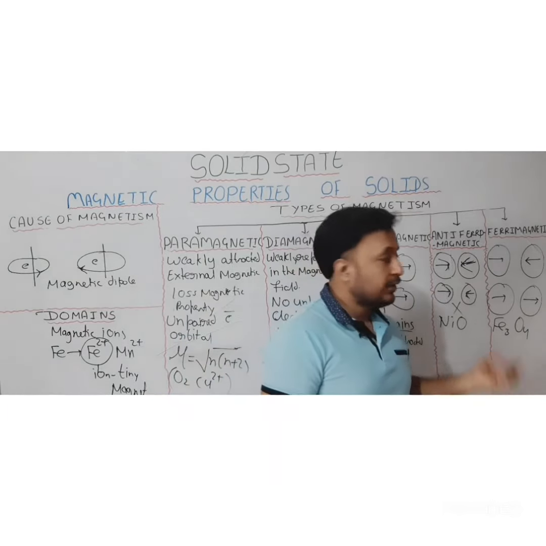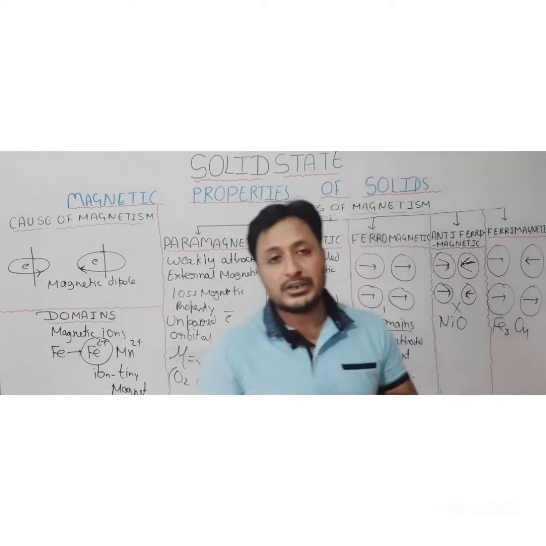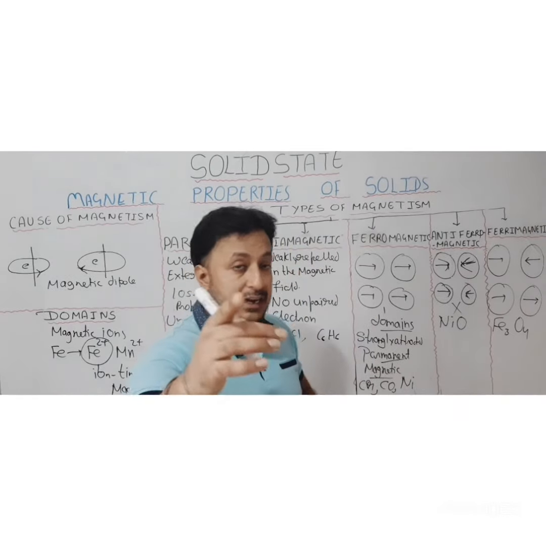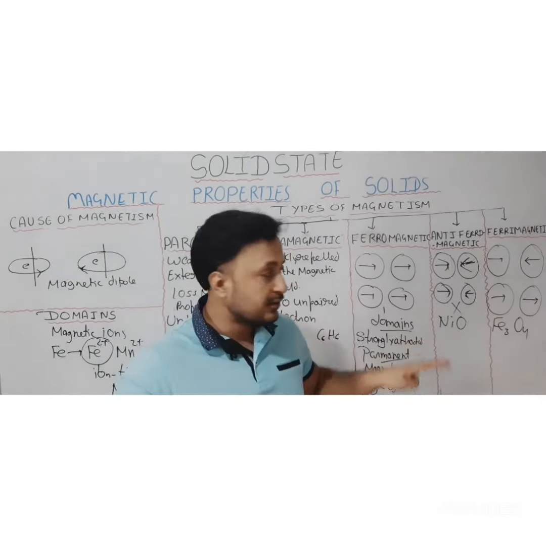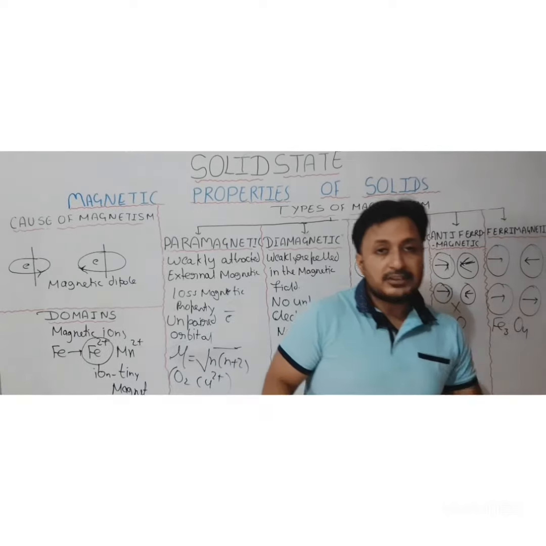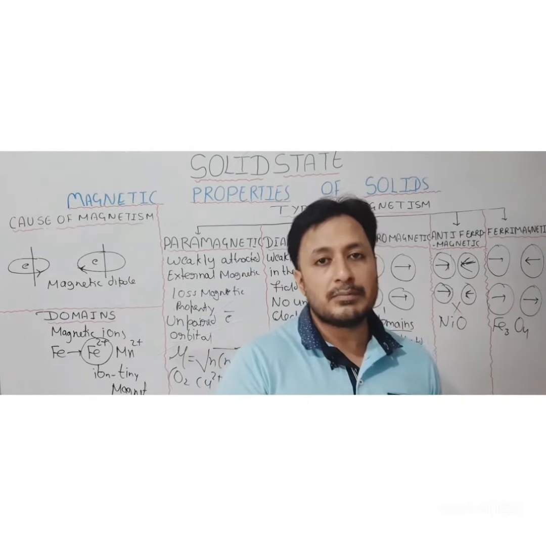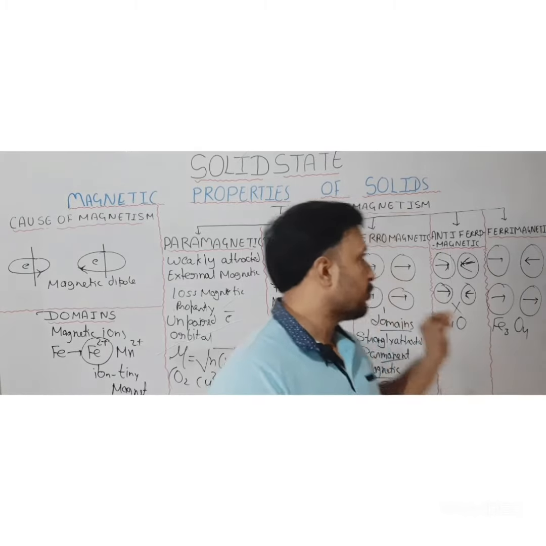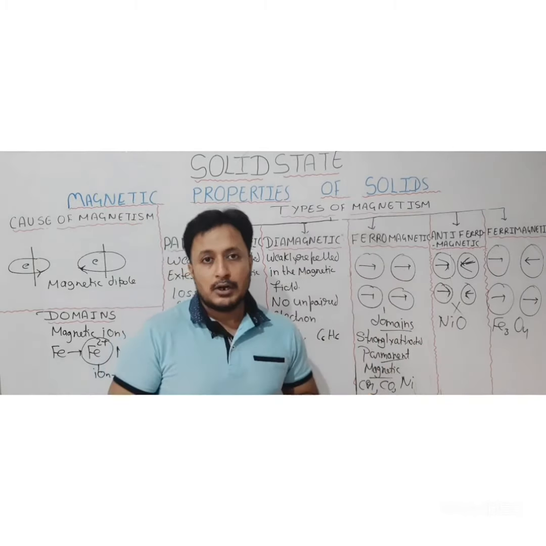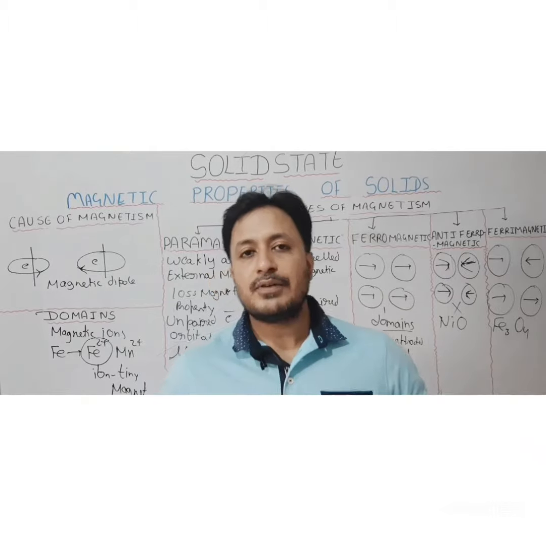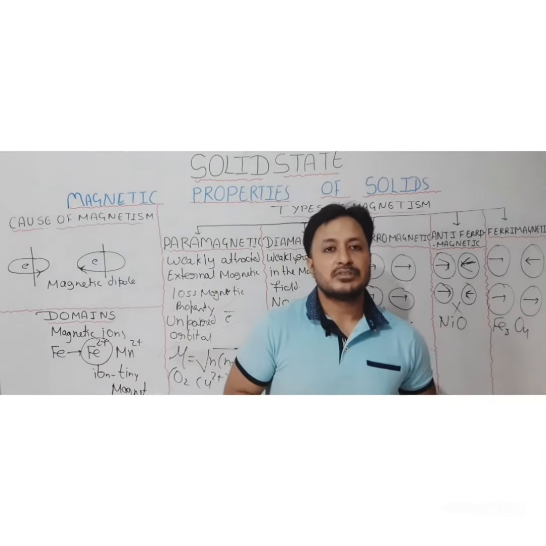Antiferromagnetic, opposite to that, has domains aligned in the opposite direction, so they cancel each other's effect, and that is also in equal number, that's why they are totally cancelled. In ferrimagnetic substances, domains may be in the opposite direction but not in equal number, so there will be some net magnetic property belonging to that substance. So that is how we classified all these types of magnetic properties in solids.